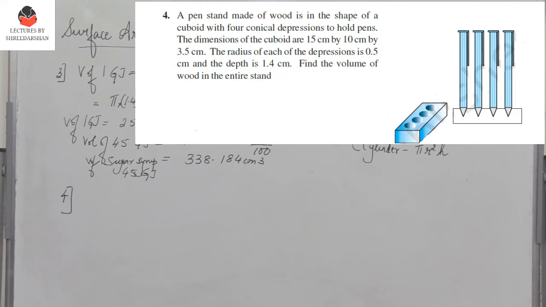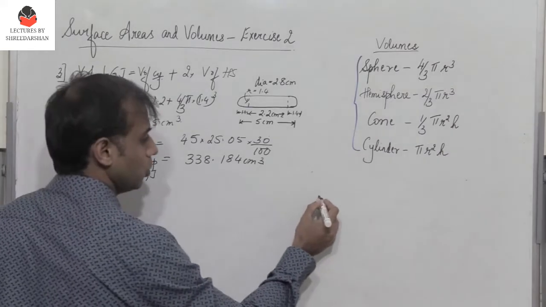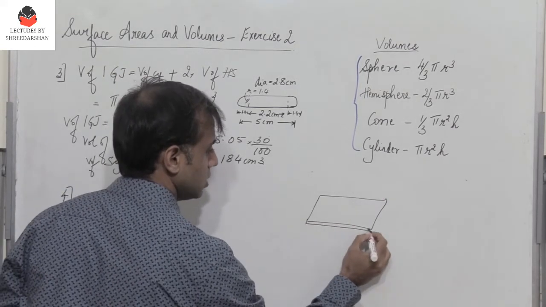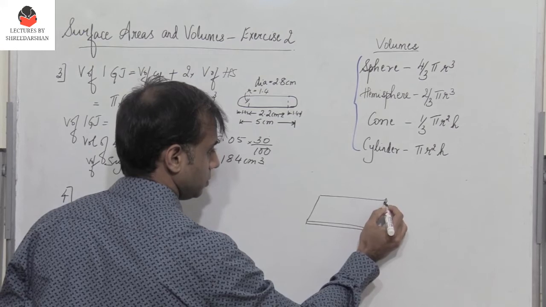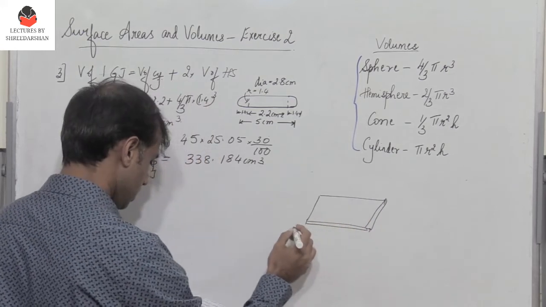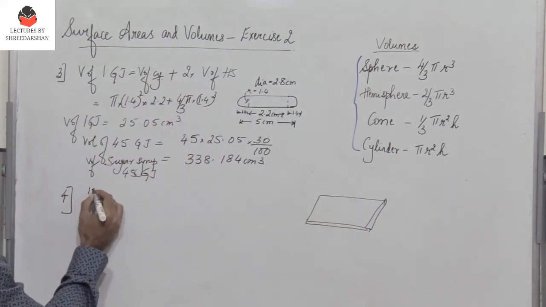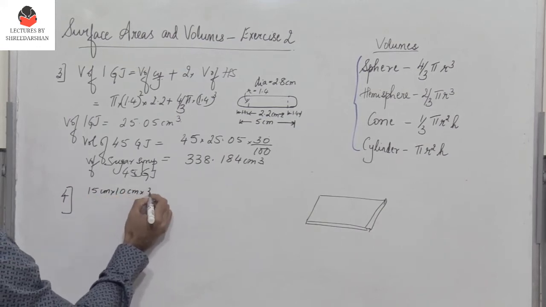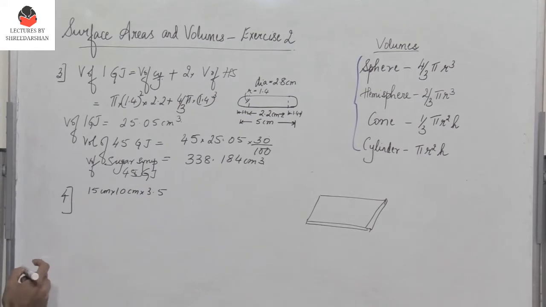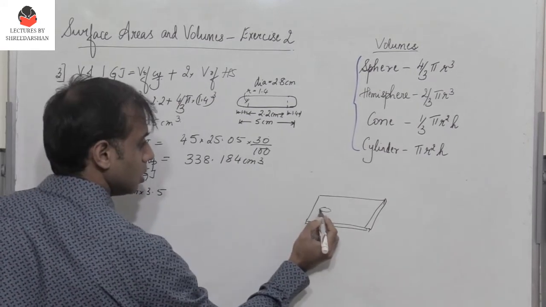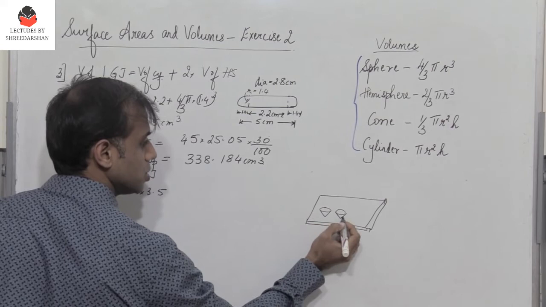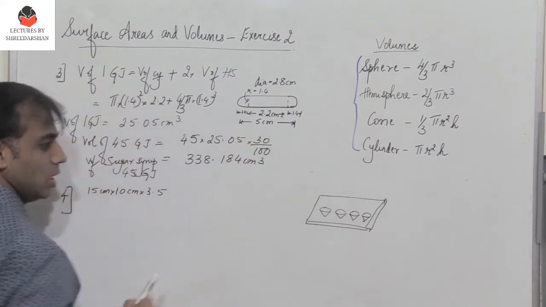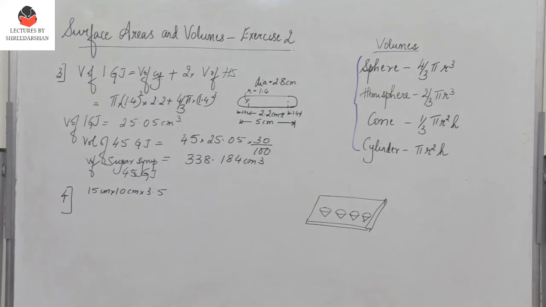Now the dimensions of the cuboid are given: 15 centimeter by 10 centimeter by 3.5. And there are conical depressions, 4 of them, so that you can actually make a pen stand on it.